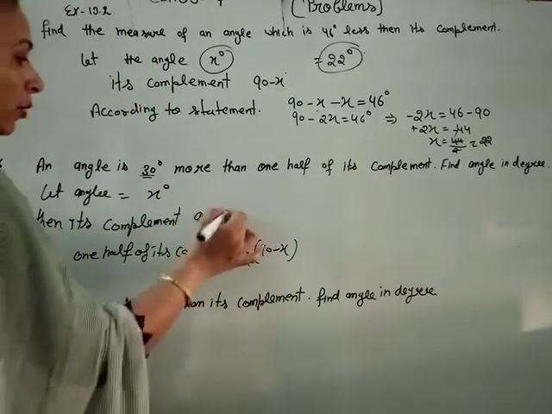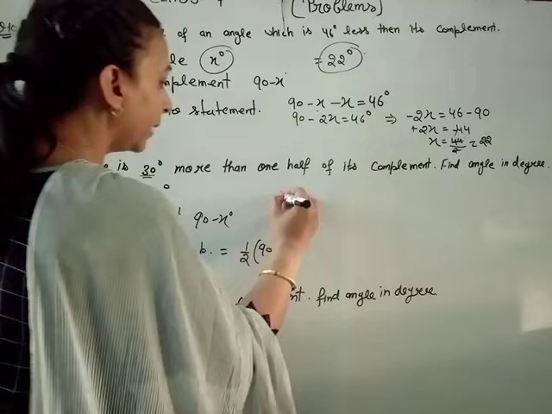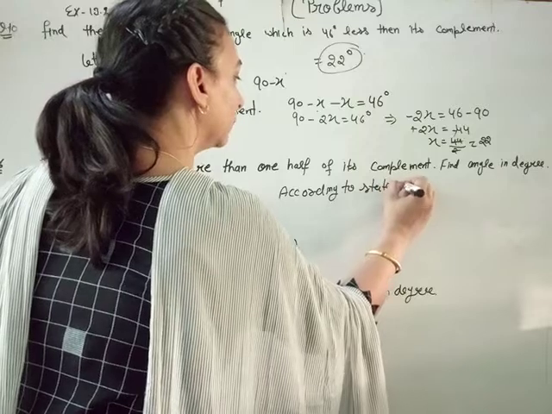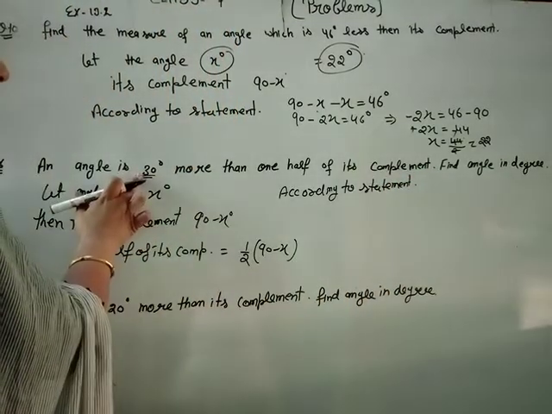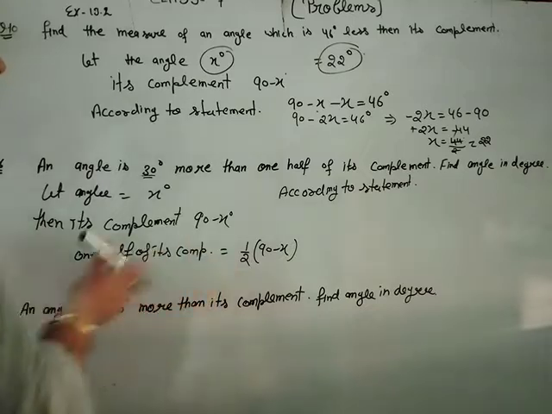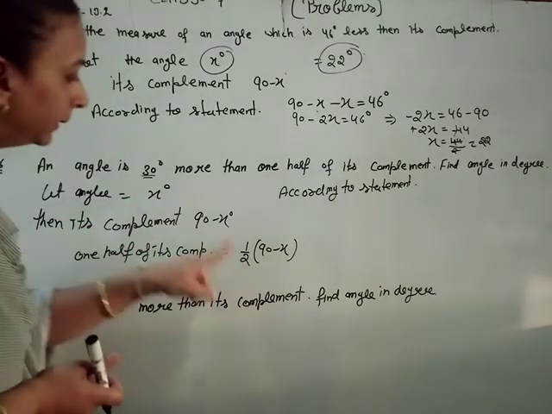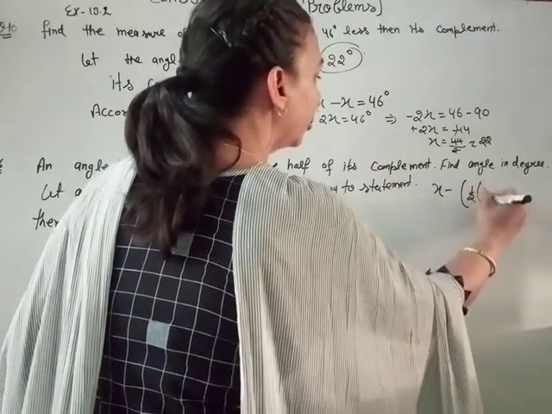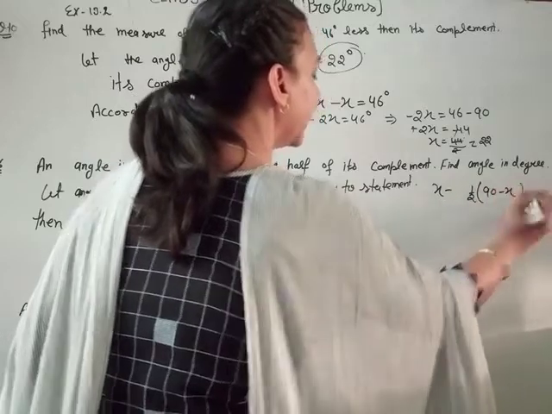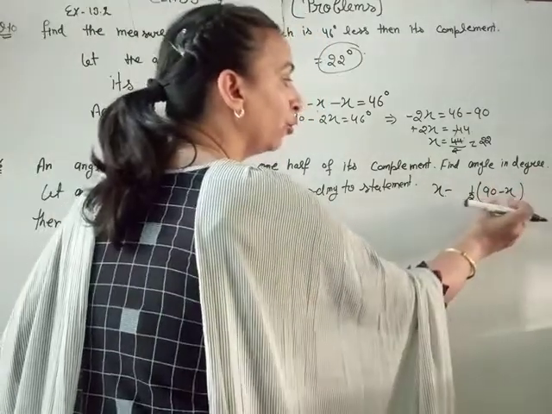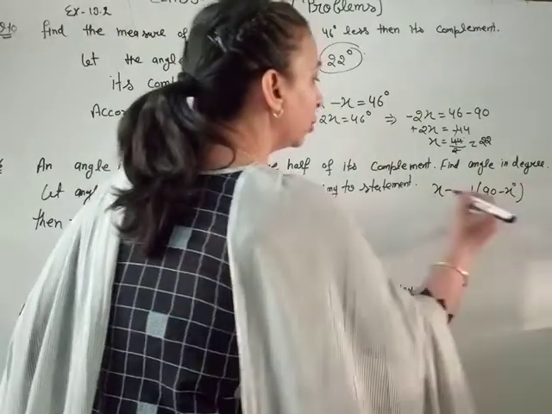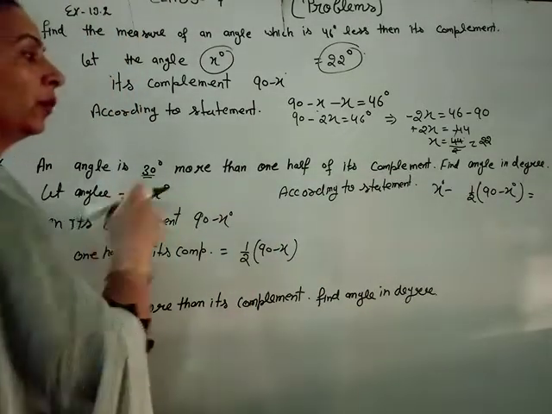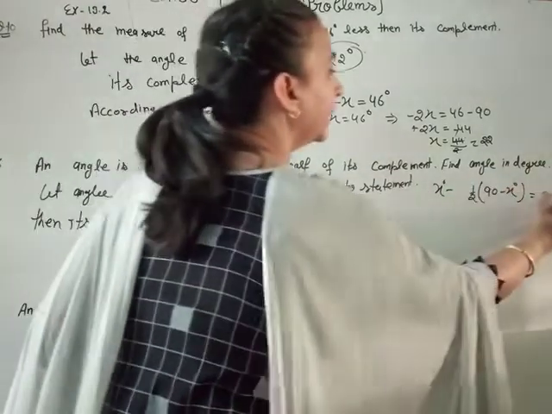That means this angle is greater and the difference equals 30 degrees. So x minus 1 by 2 of 90 minus x equals 30 degrees, because this is 30 degrees more. If we subtract this from the angle, it equals 30.